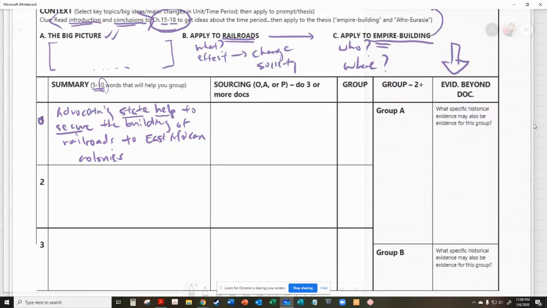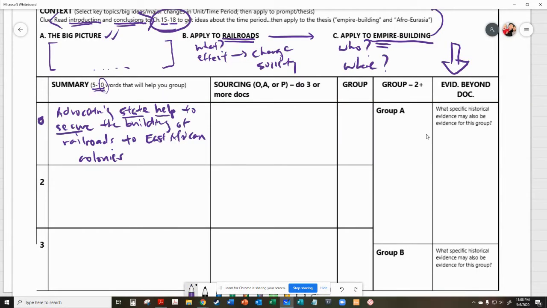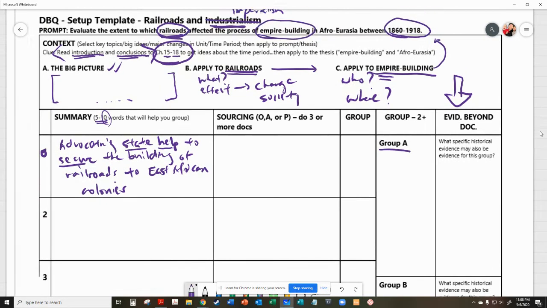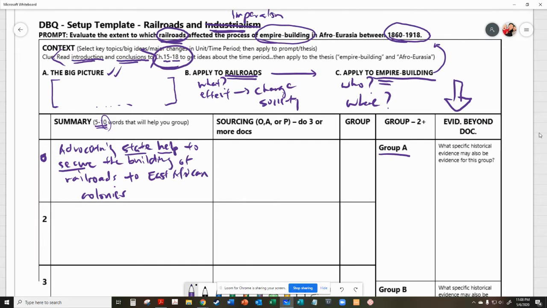And then hopefully what you're able to do is to group them together. Okay, and so in this particular case, what you want to be able to do now is to find a particular grouping. In other words, how does this apply back to our prompt of railroads affecting the process of empire building?